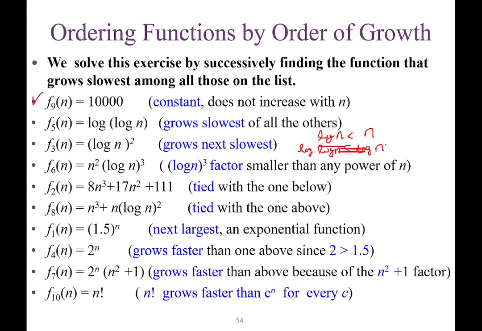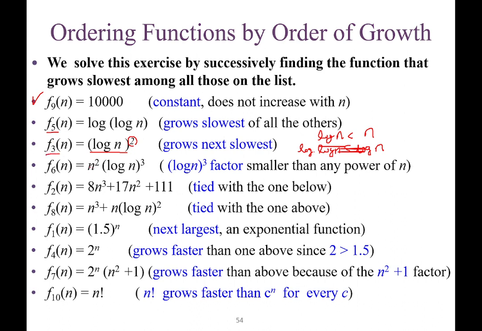So log log n is actually slower than log n functions. Here we have log n to the power of 2. Once they belong to different categories, no matter the power 2, 3, 4, it doesn't matter: log log n is slower than log n, right? So this is the second one, f5. So f5 is lower than f3.